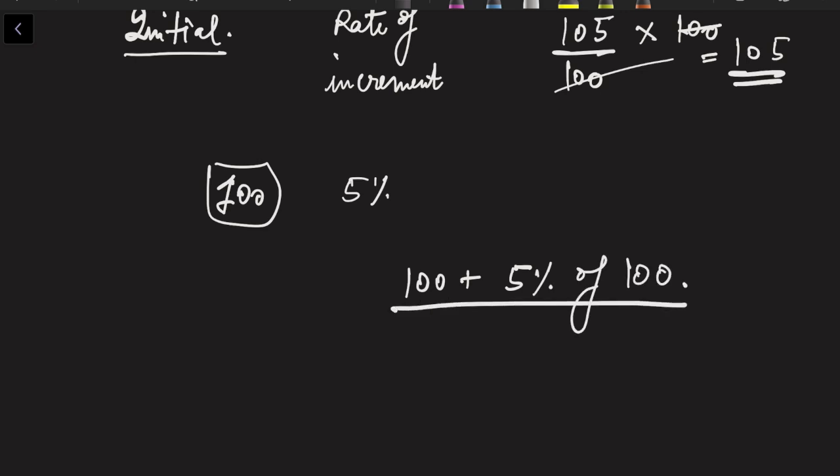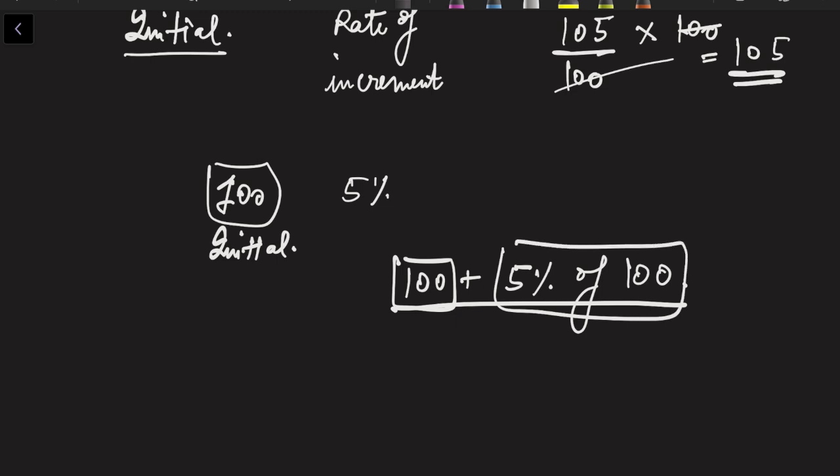If this is the initial value, the final value will be 100 plus 5% of 100, because we are told that this 100 has been increased by 5%.